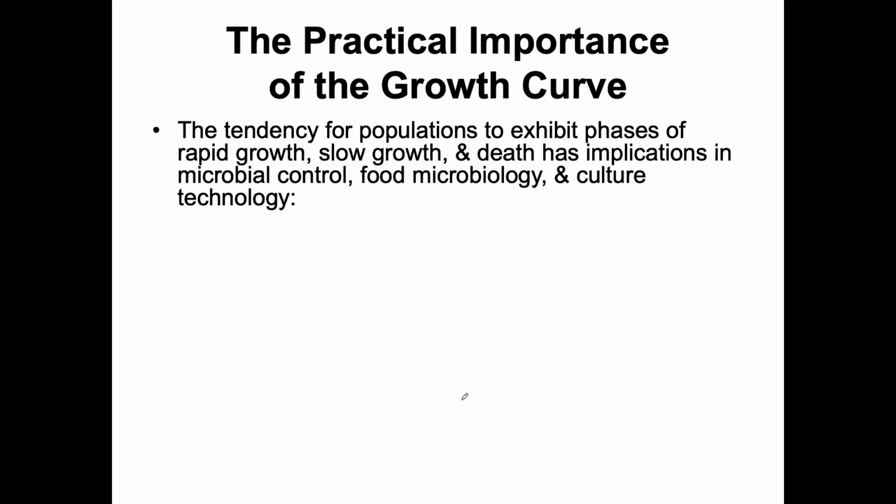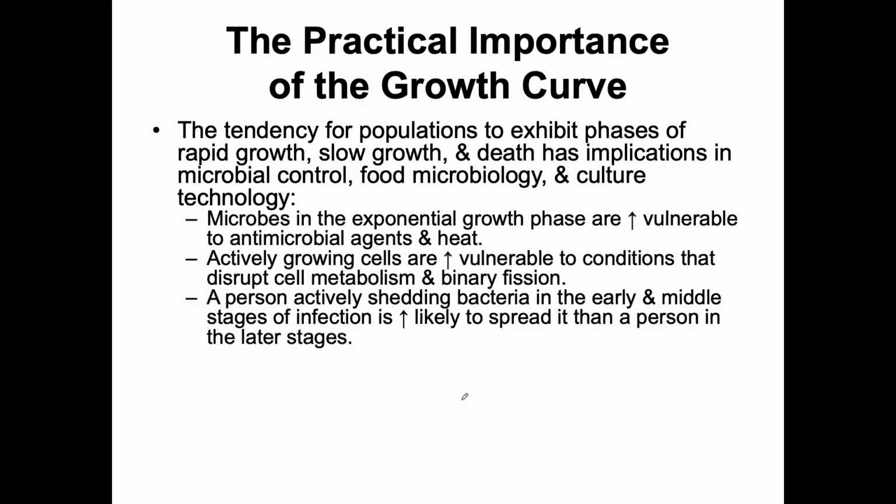The tendency for a population to show different parts of the growth curve is important. Microbes in exponential growth are going to be easier to kill with antimicrobials or with heat or with antibiotics. Why is that?